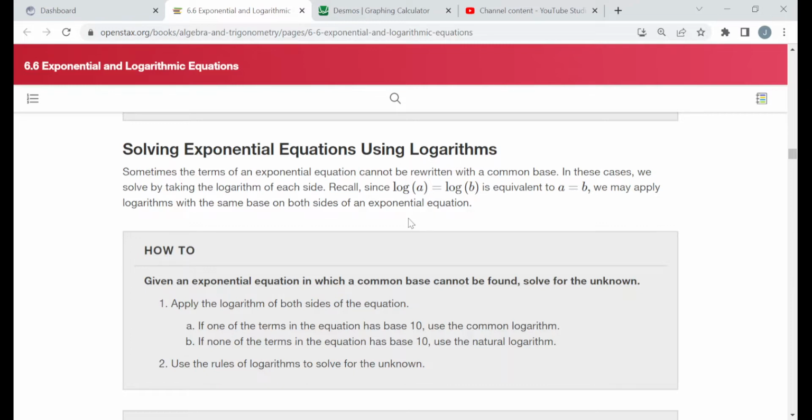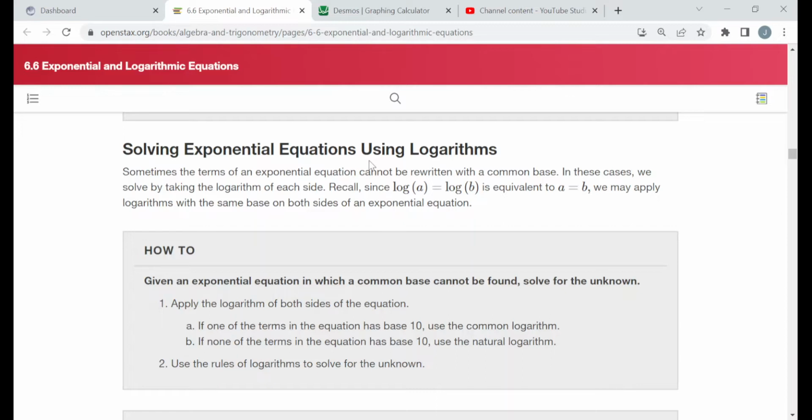Now each example I'm going to do is going to be either an example from the reading, or one of the try it problems from the reading, or one of the exercises at the end of the section that's related to this particular objective.